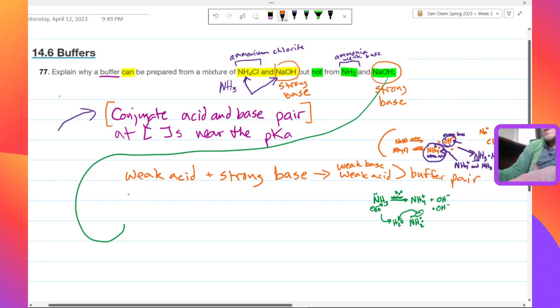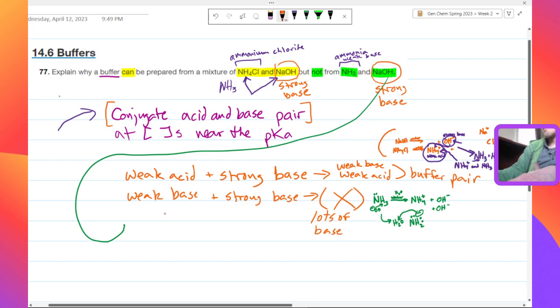However, if you go in with a weak base and a strong base, then you cannot create your buffer pair because you will just have lots of base.